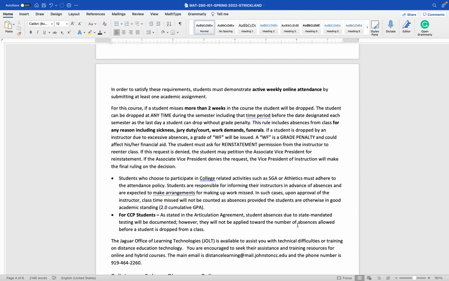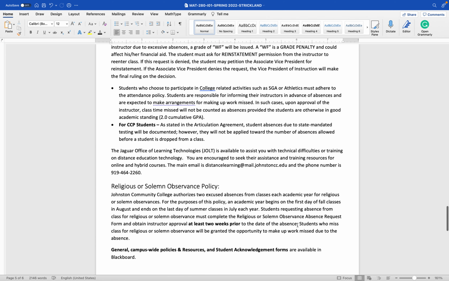Students who choose to participate in college-related activities such as SGA or athletics must adhere to the online attendance policy, and students are responsible for informing their instructors in advance of absences and are expected to make arrangements for making up work that is missed.